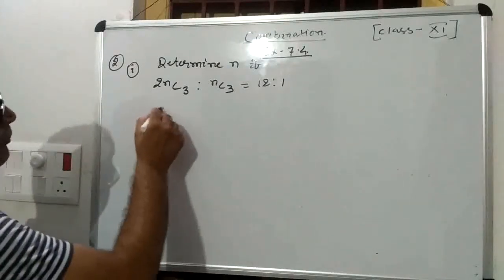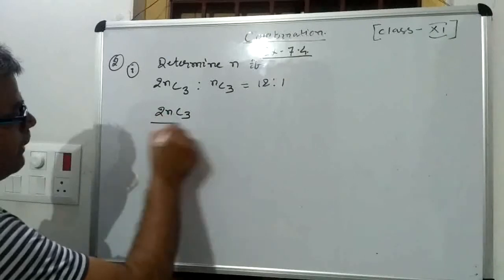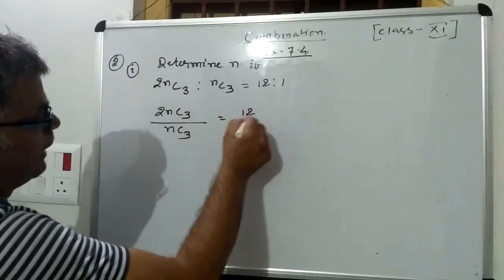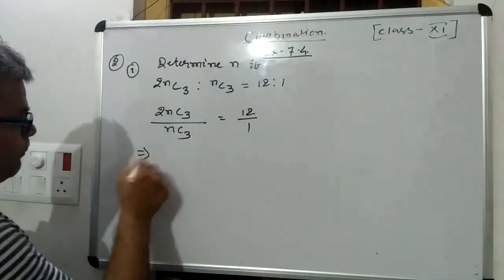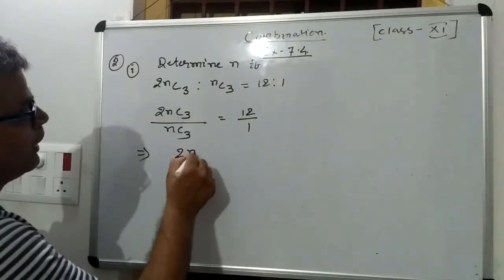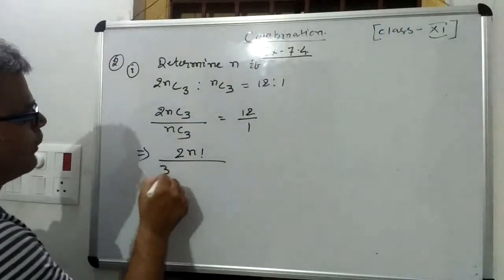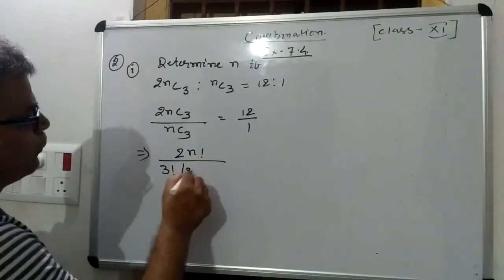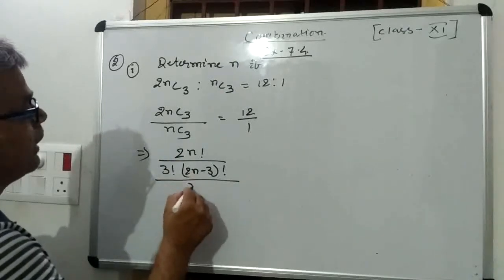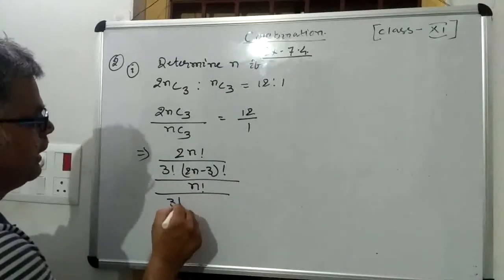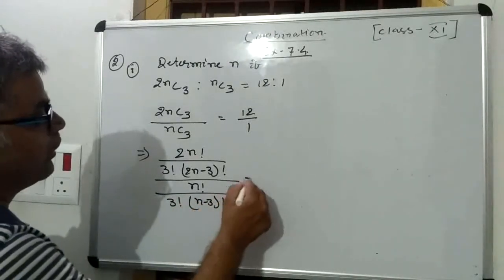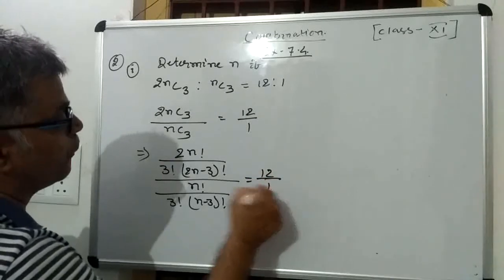So you can write in the fractional form as 2nC3 by nC3 equals 12 by 1. Now you apply the formula for combination. So factorial 2n by factorial 3 into factorial 2n minus 3, by factorial n by factorial 3 into factorial n minus 3, which is equal to 12 by 1.